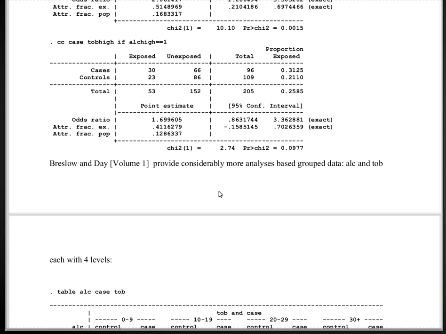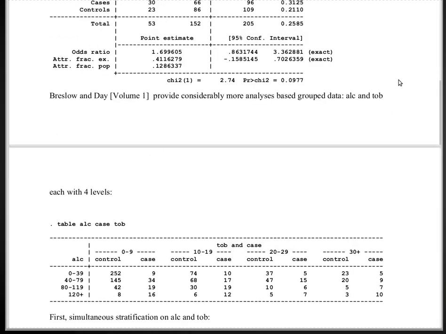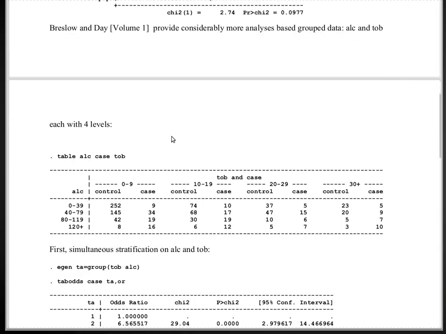In particular, one of the things they then did was they thought, how about we display things in admittedly a much more elaborate way, considering 4 levels of the alcohol consumption and 4 levels of the tobacco consumption.